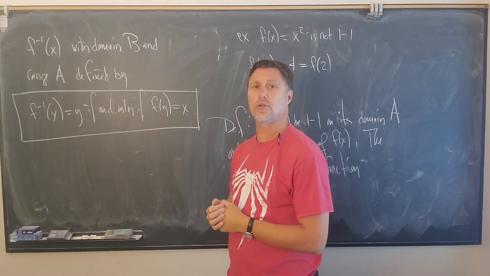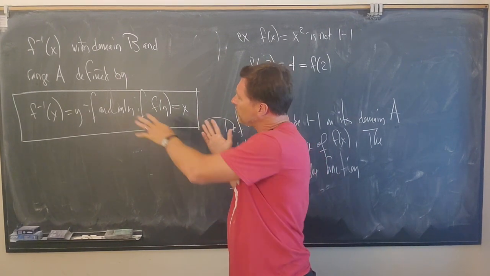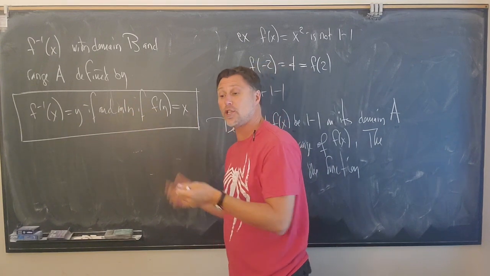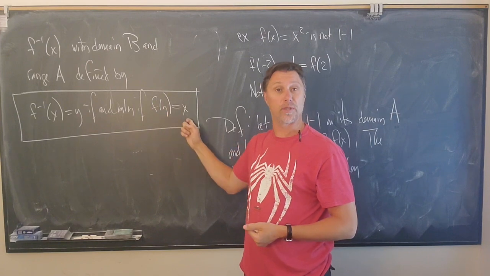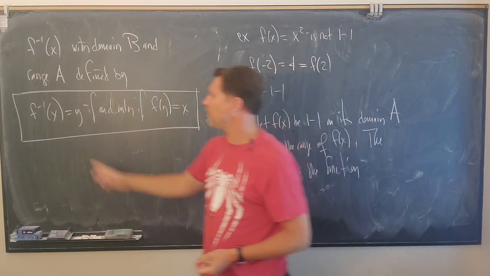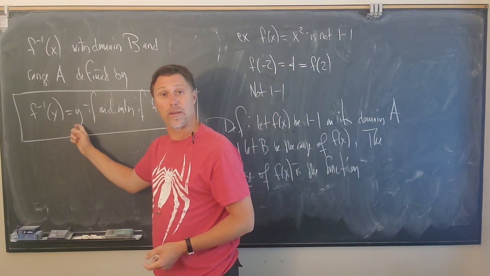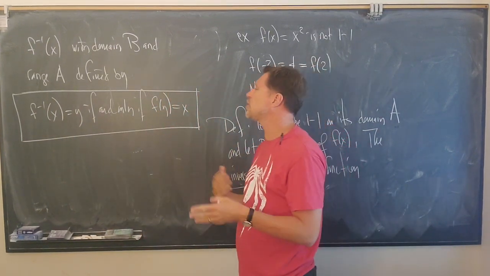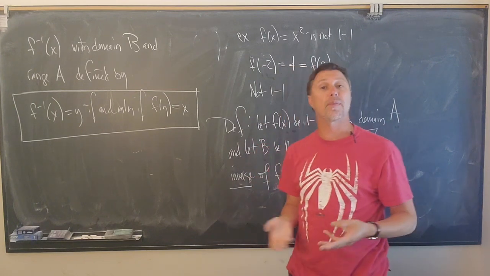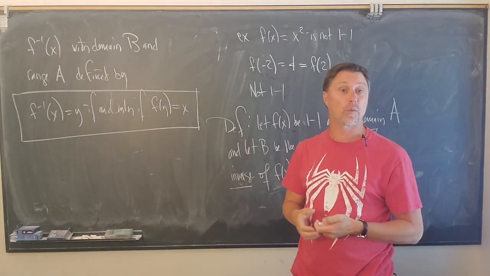And what it tells you is that the function and the inverse undo each other. If f of y equals x, so if f takes y and puts it in position x, then f inverse takes x and puts it back in its original position y. So if you think of a function as a sort of a machine that scrambles things up, then the inverse function just puts everything back to where it was. It undoes.